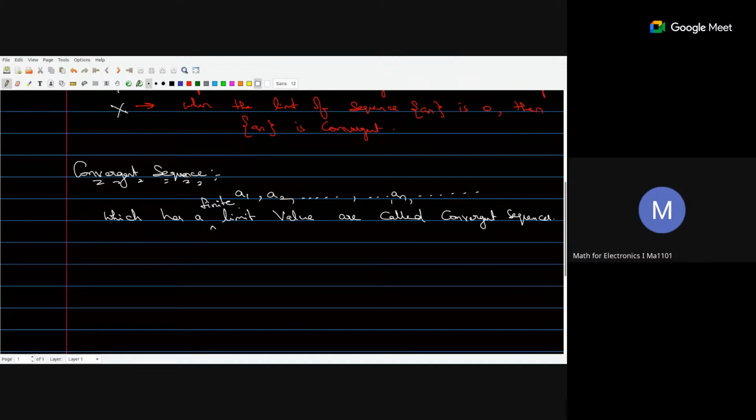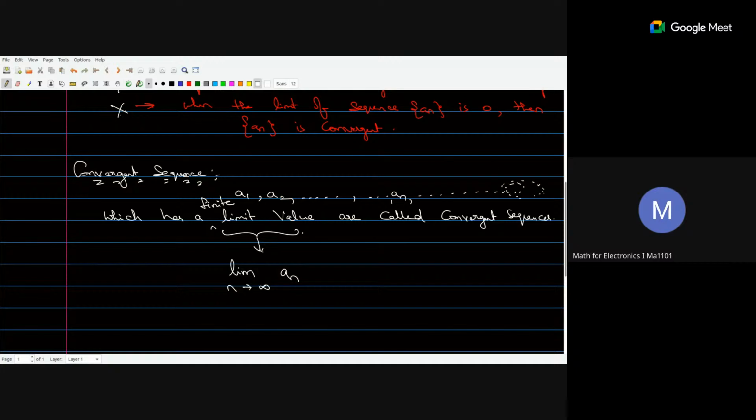So now, what is this limit value? When do I say a sequence has a limit or not? This is the mathematical representation of the limit value. When n tends to infinity, what is happening to my nth term? That means, what happens to the very last numbers in my sequence?